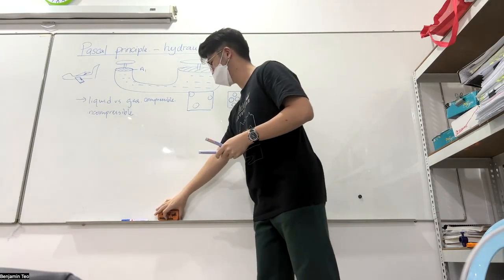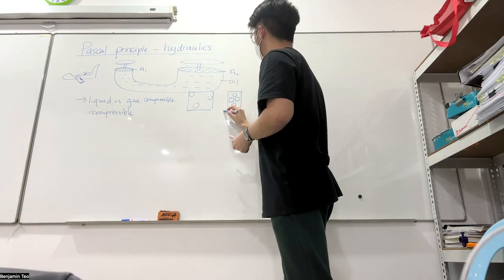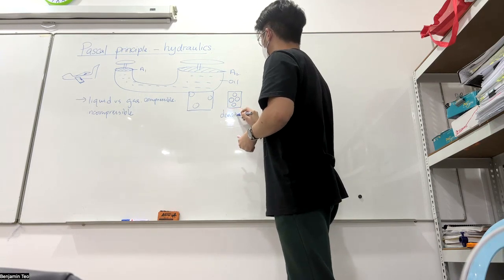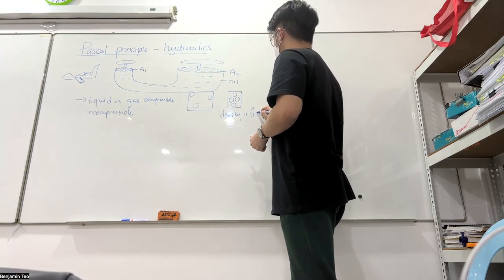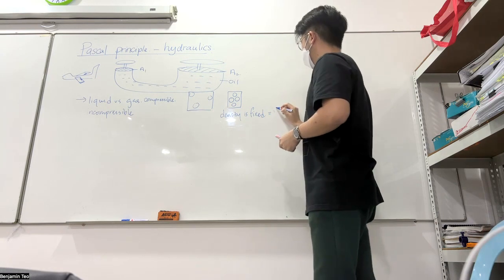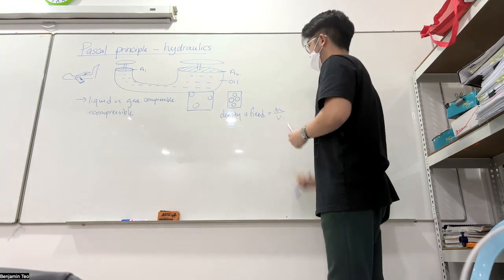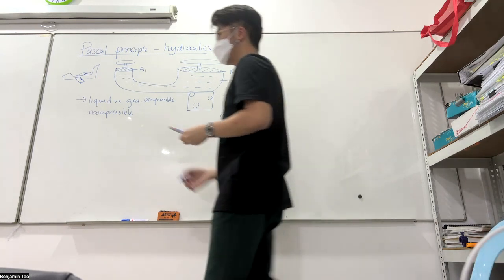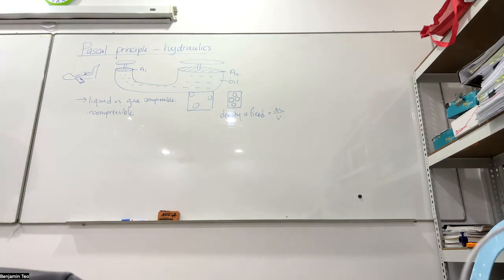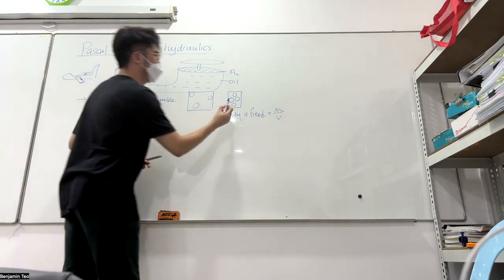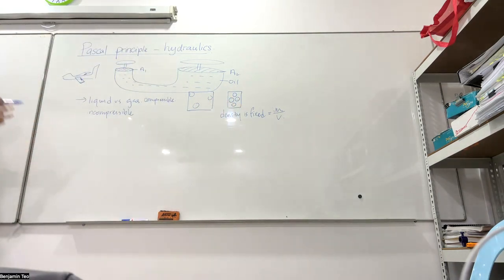Let me correct this one. Density is fixed. Density is equal to what? Mass divided by volume. So if you cannot compress it, that means the amount of mass inside here per unit volume is the same.